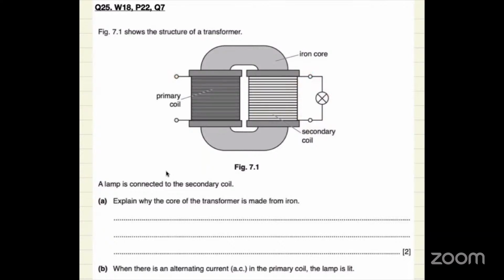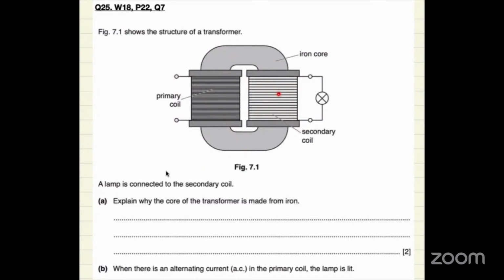By the way, this is for 3 marks, so let me go through what each of these points is for. You say that there's an alternating current here, which also gives rise to an alternating field here. Those field lines, after passing through this core, are cut by this coil. This leads to an EMF being generated.